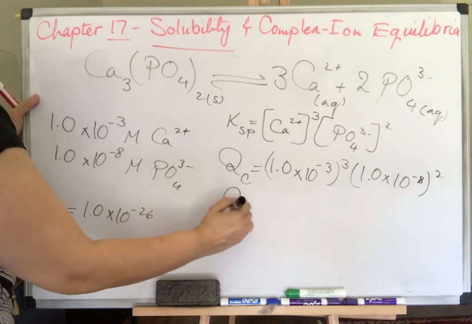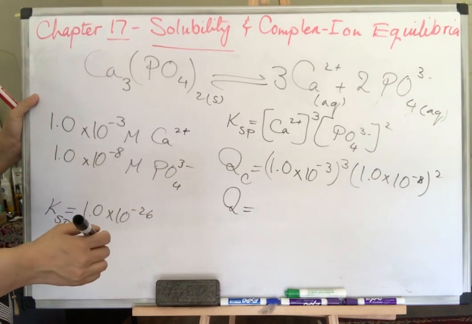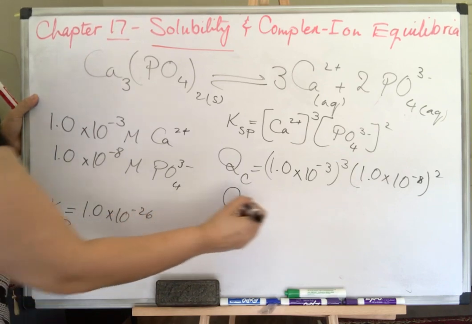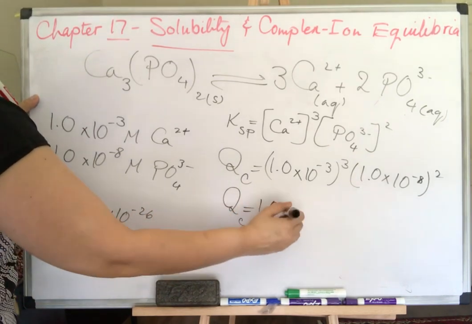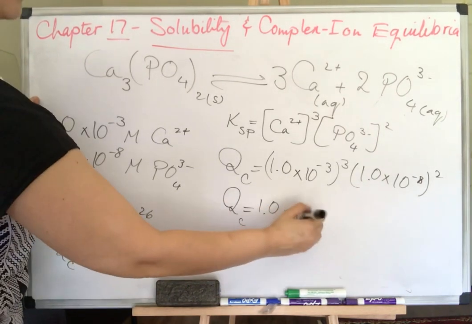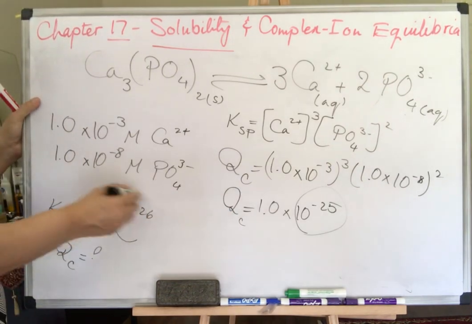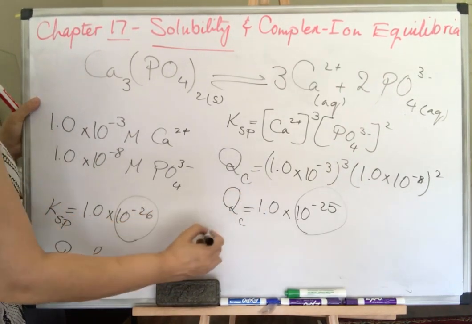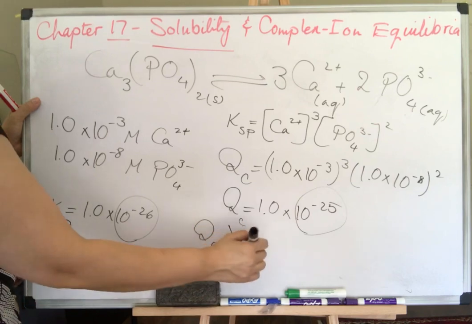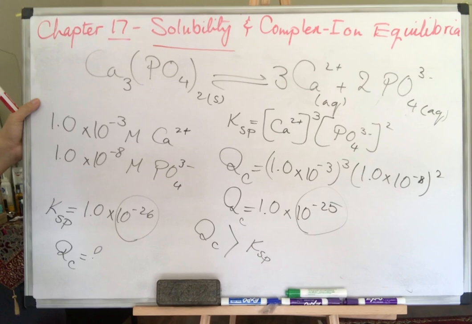So Qc is going to be 1 times 10 to negative 25. If you compare this 10 to negative 25 to 10 to negative 26, Qc is higher than Ksp, so we have passed the precipitation point, and this kidney stone is definitely going to form, unfortunately for the patient.